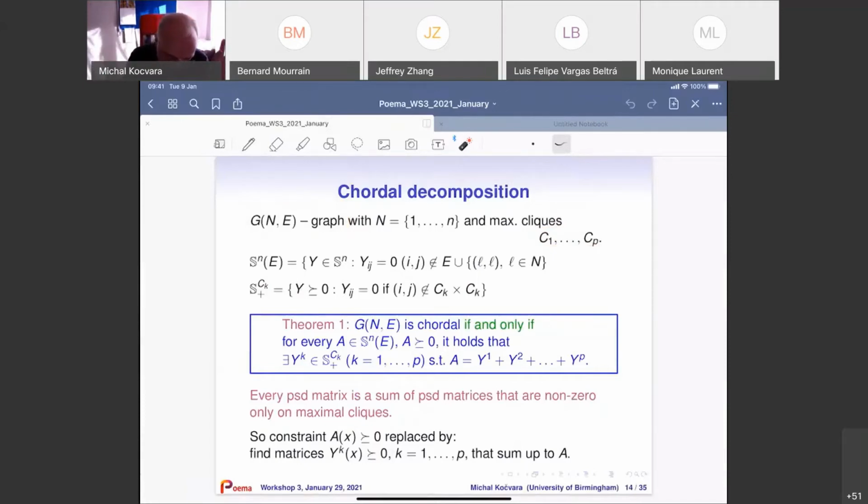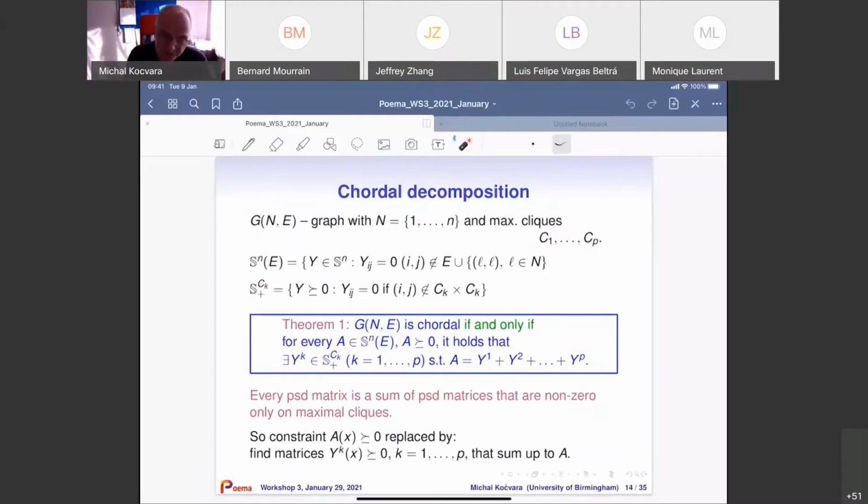Now, the theorem says that this graph is chordal if and only if every matrix A, which is positive semidefinite and which has sparsity graph G, can be written as a sum of P positive semidefinite matrices Y_k.